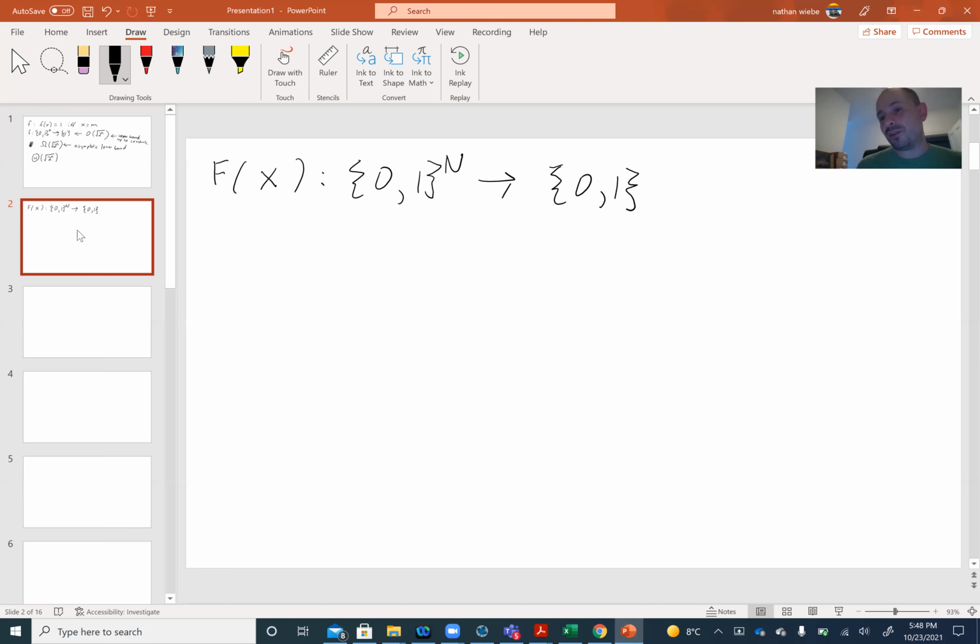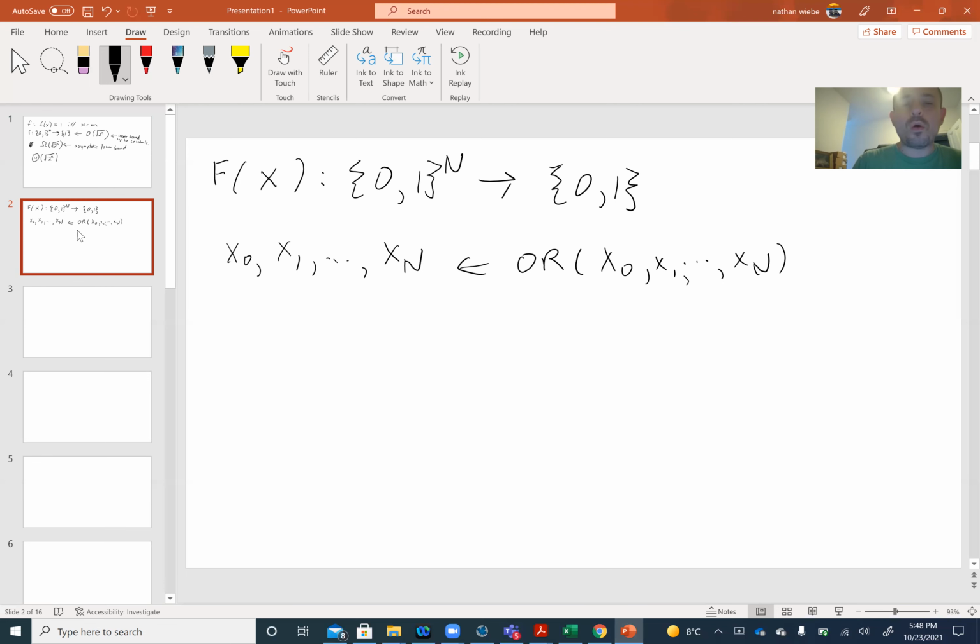Let me give an example. Say we're given a bunch of bits, x0, x1 through xn. These are a sequence of bits that could be provided to us in some way or another. We might like to ask a question such as, what's the value of the OR of x0, x1, all the way through to xn?